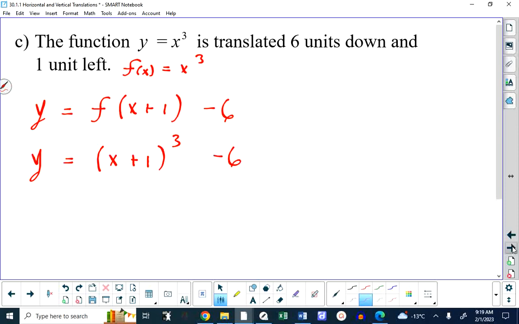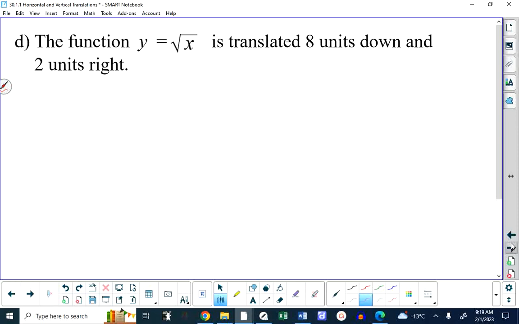And I suspect many of you would have been able to come up with these answers without my explanation. But that explanation is needed for some further things we're going to deal with in the coming days in this class. And D, we said that since it was shifted 2 to the right, h was positive 2, so x minus h is x minus 2. And since it shifted 8 down, k was negative 8.